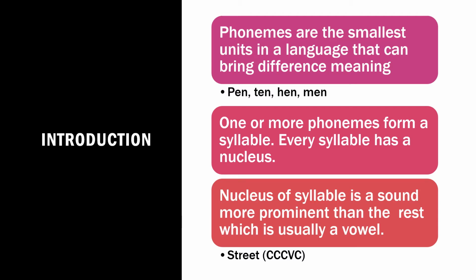There is a sound of s, a sound of tr, a sound of e and lastly the sound of t, but here the nucleus is e because you can hear it very clearly. So street is a one-syllable word and the nucleus of that syllable is e, which is a vowel.